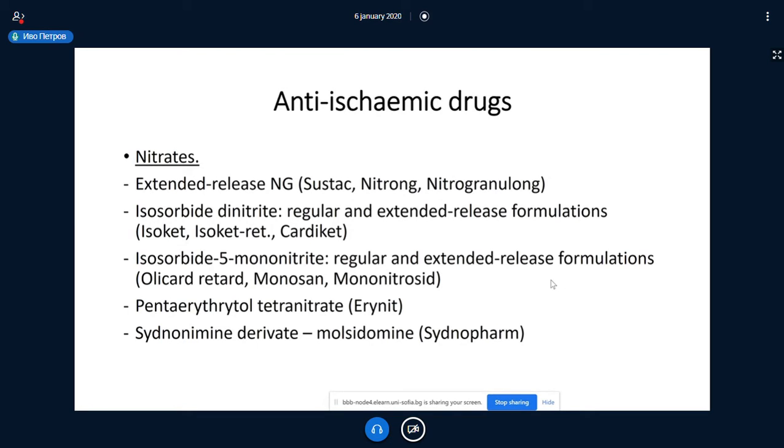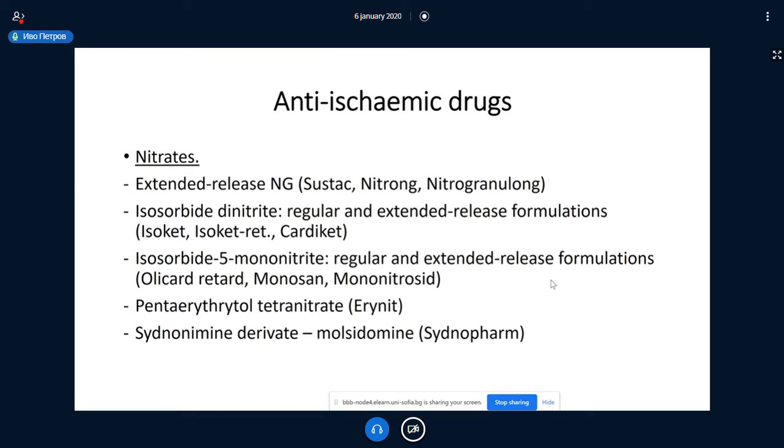So there are two types of nitrates. The short-acting, which in most cases are applied sublingually. They have an effect very fast, not more than 1 to 2 minutes.